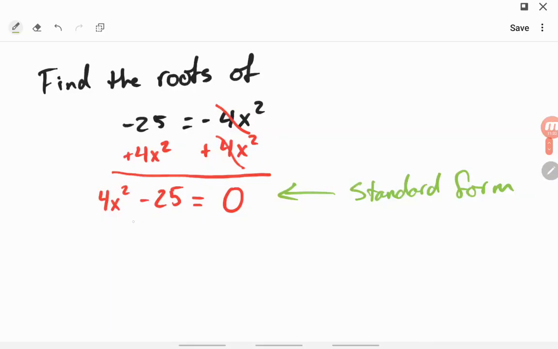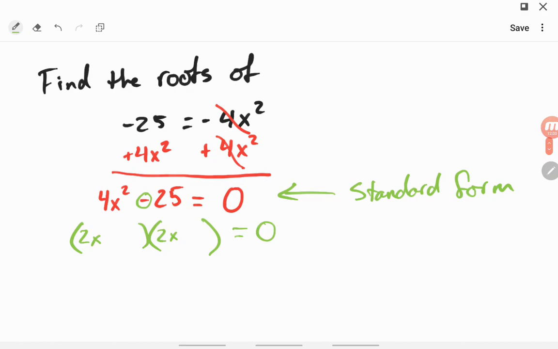Okay, so how do I factor this? Maybe you remember, maybe you don't, but this is what we call the difference of two squares. And when you have the difference of two squares, it's so simple to factor, right? We take the square root of our first term, that's 2x, and we write that in the first spot.